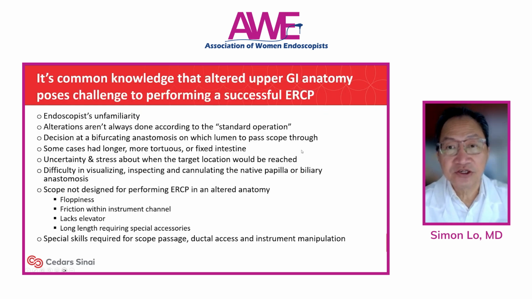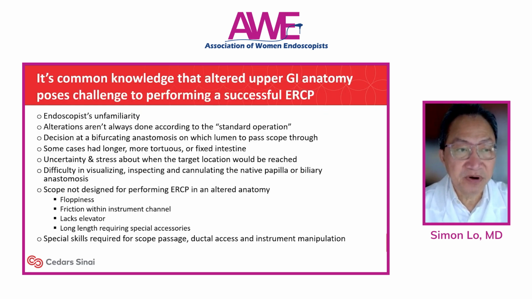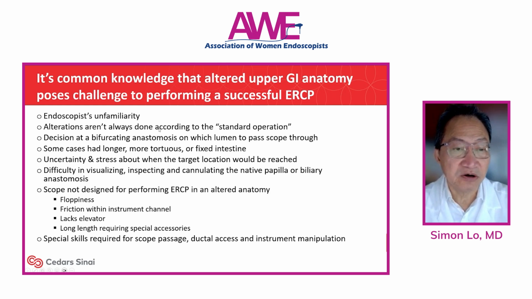It is common knowledge that altered upper GI tract anatomy poses challenges to performing successful ERCP. Many of these factors are well known to all of us, but we can certainly go over some of them. The inexperience of the endoscopist is certainly a major factor. Some of the alterations are not done in the form of the standard operation, so it makes it confusing.